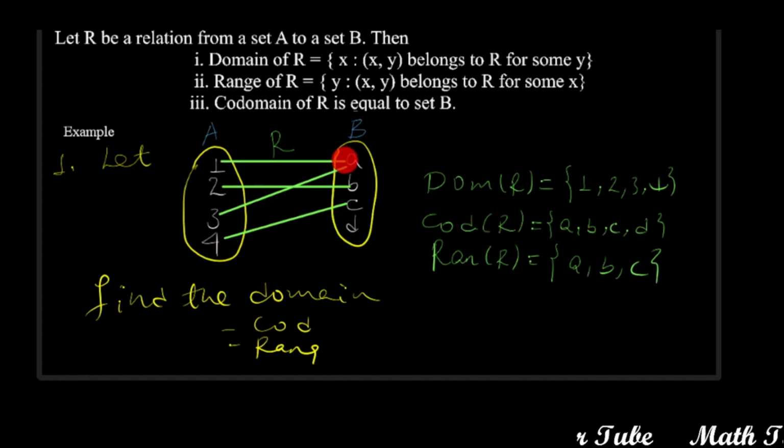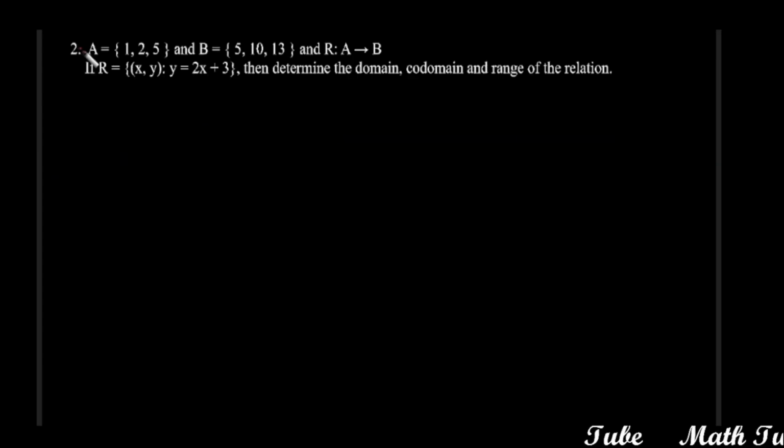The codomain is simply the set of all possible outputs, or simply the set B. Why do we leave d out of the range? Because d has no pre-image in A. So the range is all members of set B which have a pre-image in A.